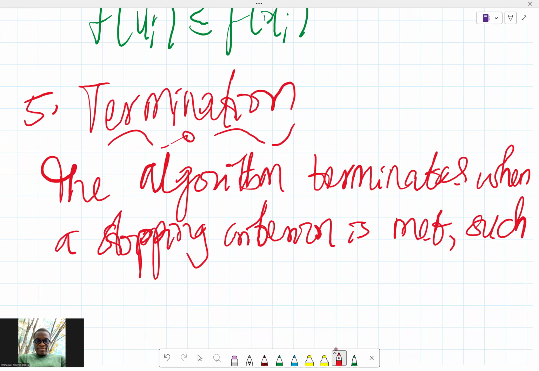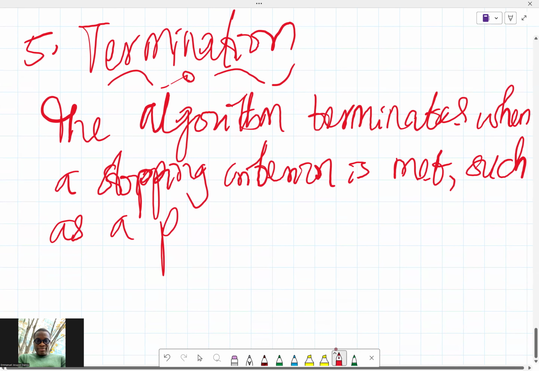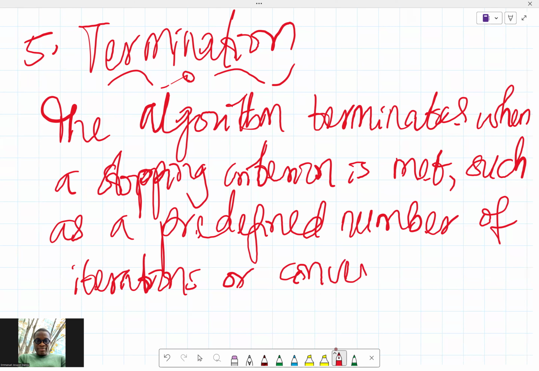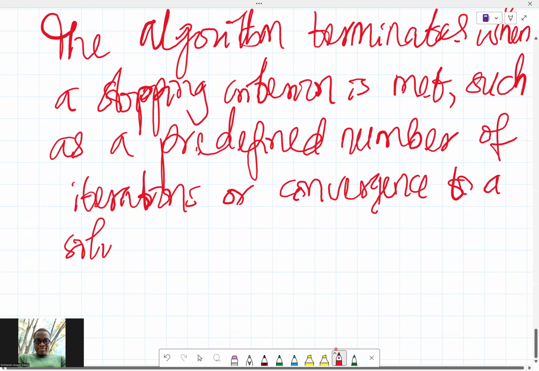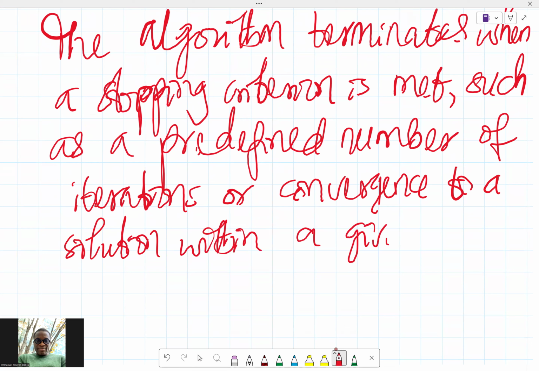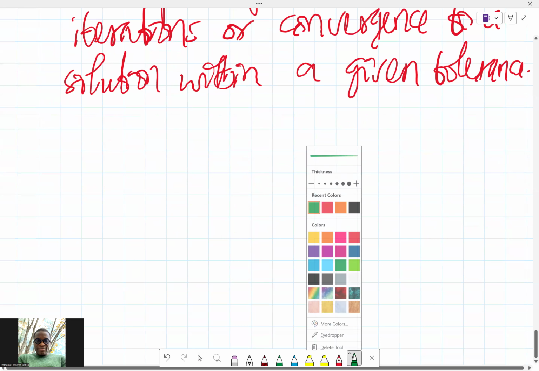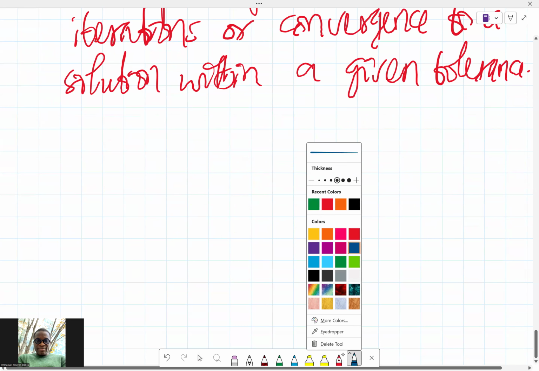Such as a predefined number of iterations, or convergence to a solution within a given tolerance. Okay. So with this in place, can we switch over and talk about an example?